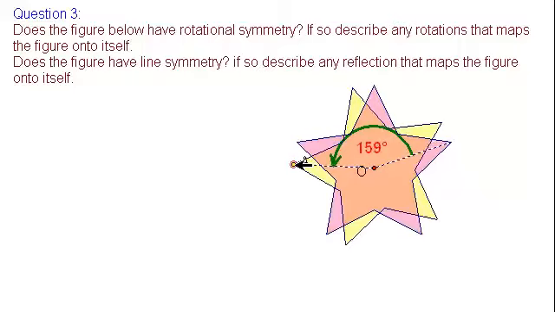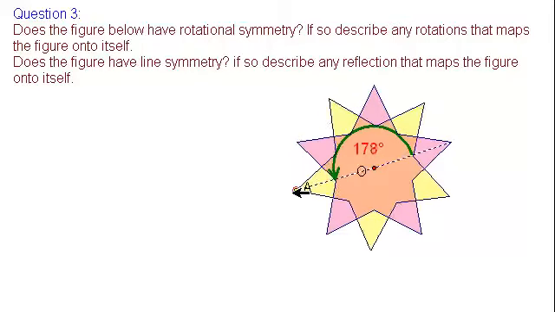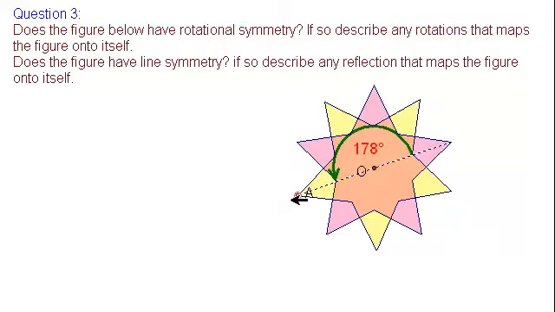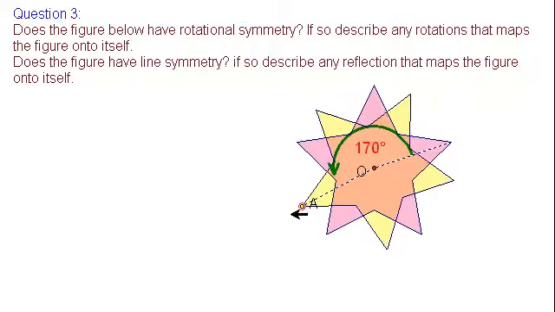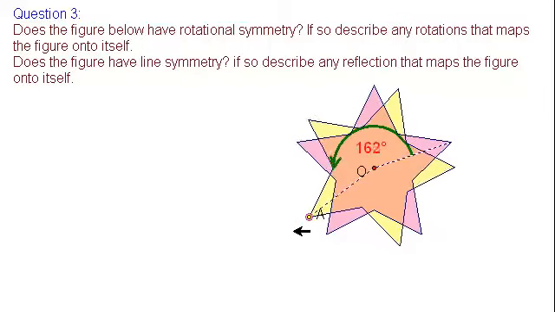But if I go beyond that, the third time, it is going to be more than 180°, which is not considered as the angle of rotation. The angle of rotation has to be less than or equal to 180°. In this case, it has to be less than 180°.